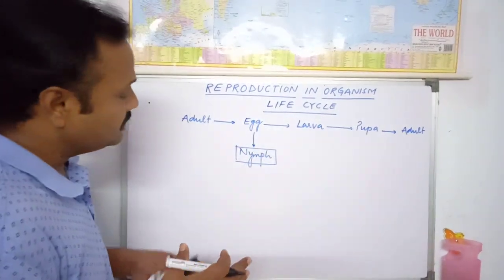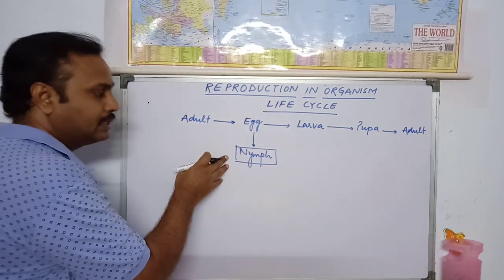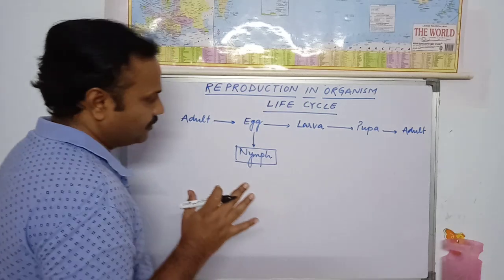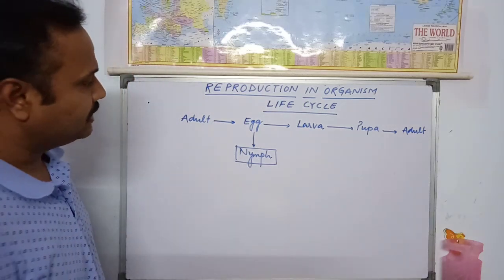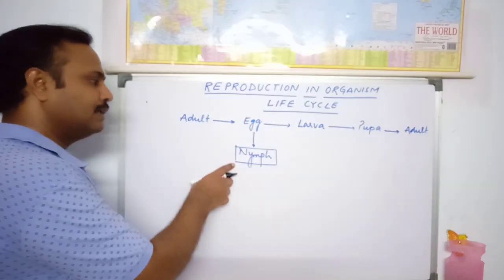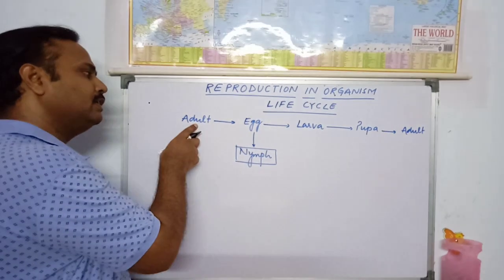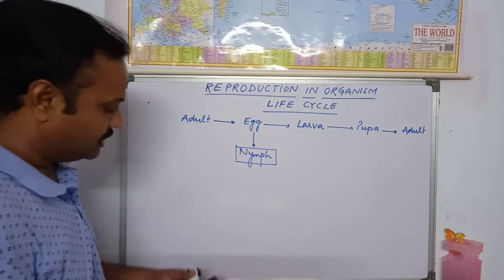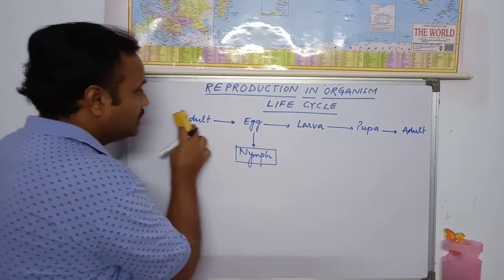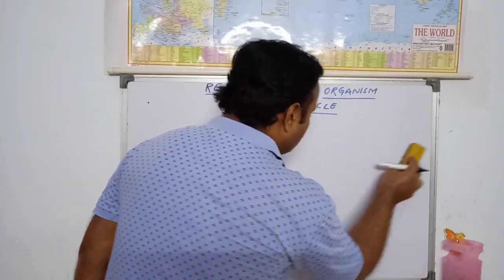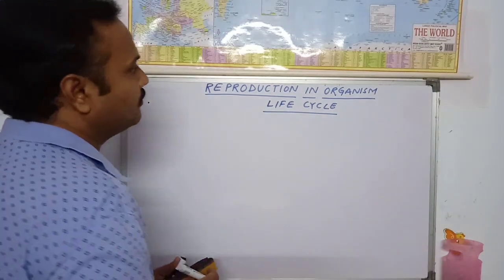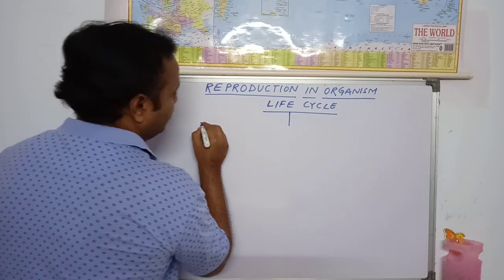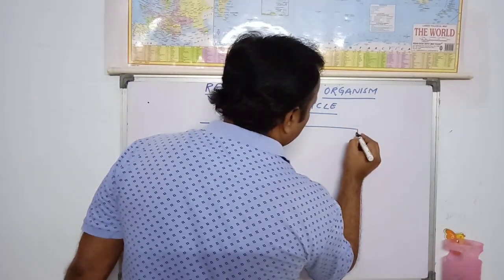The basic difference between the nymph and the adult is just the size, right? So we can say that the nymph is the miniature of the adult. On the basis of these stages, we can discuss two different kinds of life cycle exhibited by the organism.